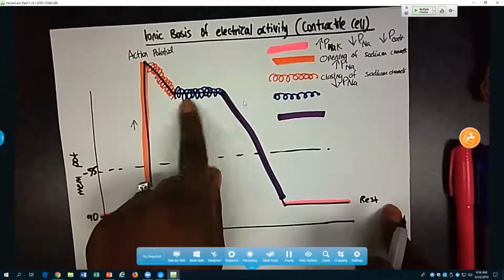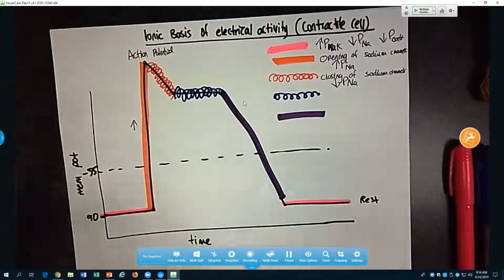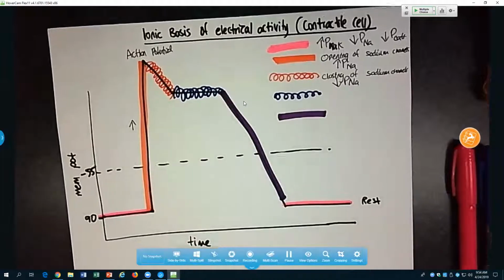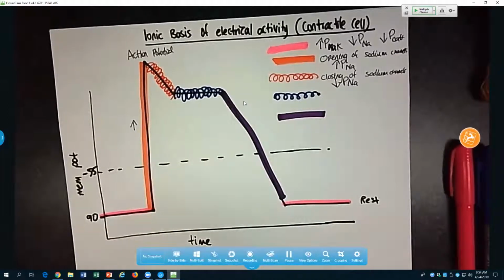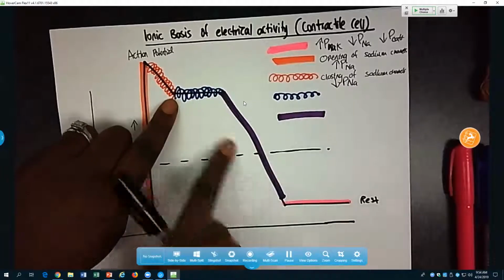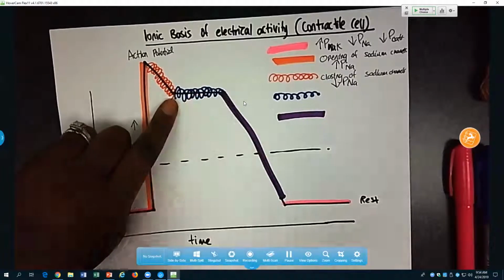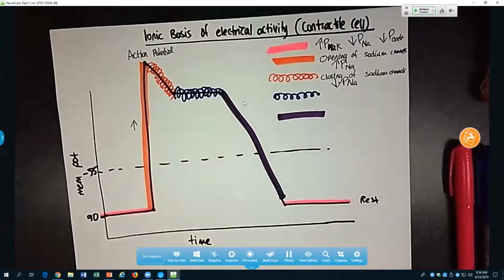And so what we do in the third step, which is called the plateau phase, is we close those potassium channels. What we're trying to do is interrupt repolarization. If we would allow this process to continue, the cell would completely repolarize, and we don't want that. We want some time for calcium to enter the cell, and we need calcium for two reasons.